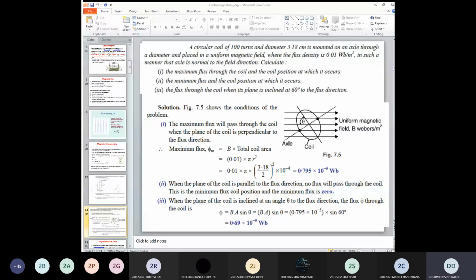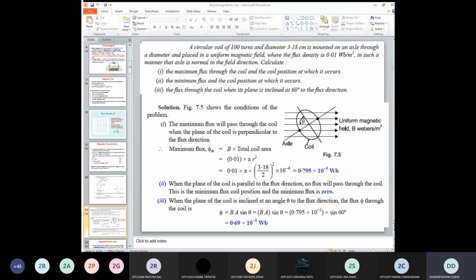All of you calculate. How much flux is passing through the coil?